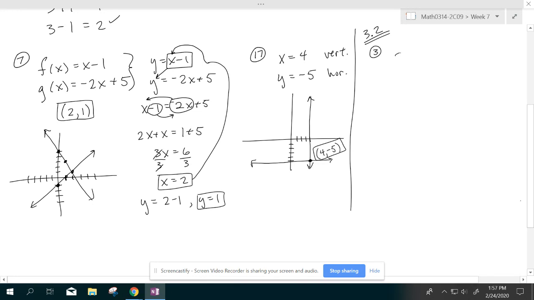2y plus x equals 9, and x equals 3y minus 3.